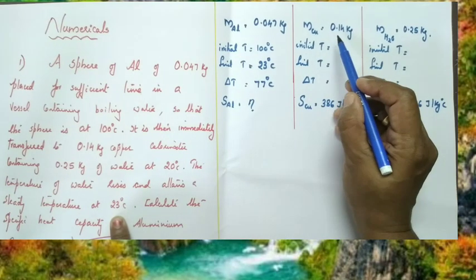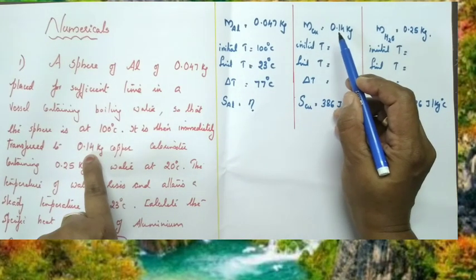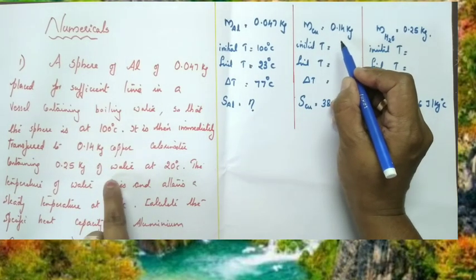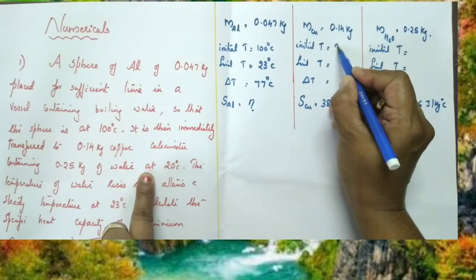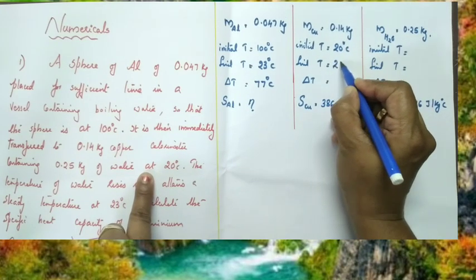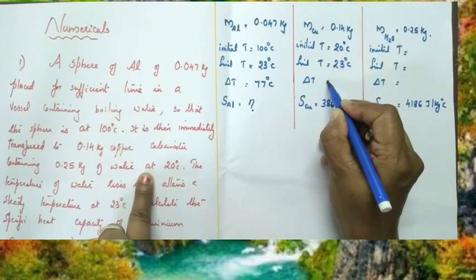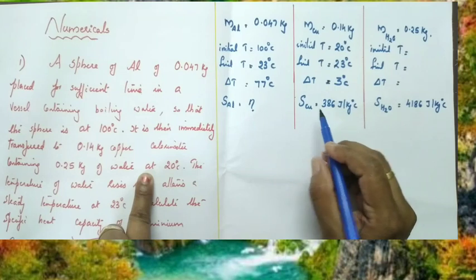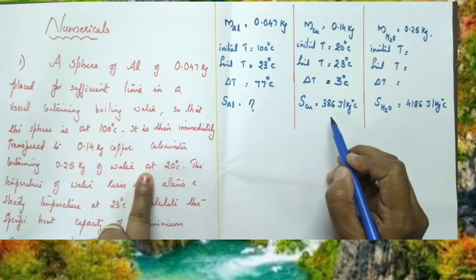For copper, mass is given as 0.14 kilogram. What is the initial temperature of the copper calorimeter containing water? It is 20 degrees Celsius, isn't it? What is its final temperature? That is also 23. What is the change in temperature? 23 minus 20, that is 3 degrees Celsius. Specific capacity of copper is also known.